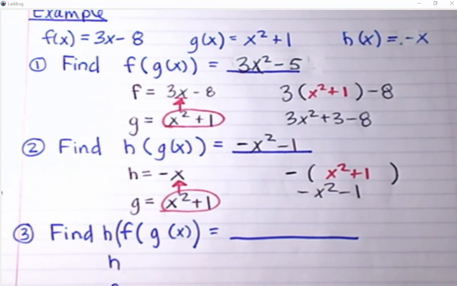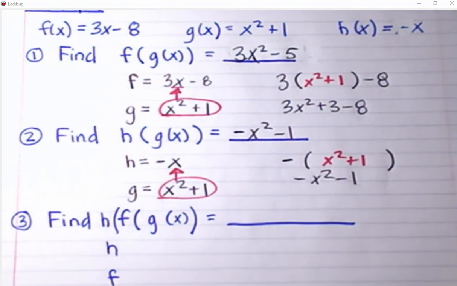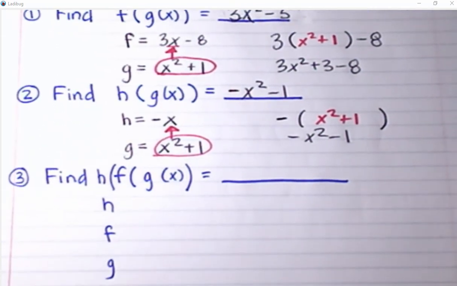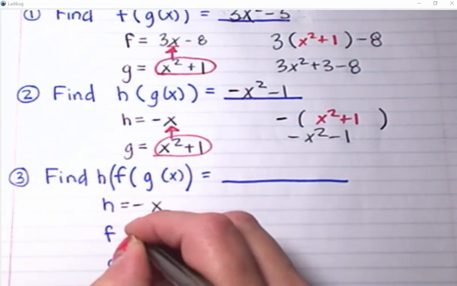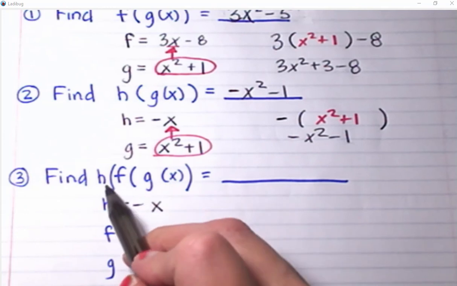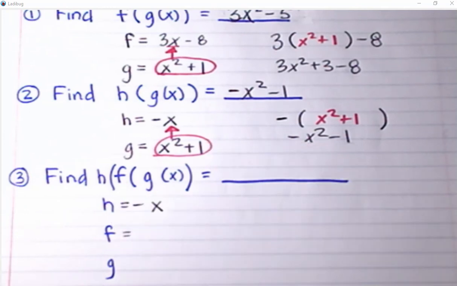h, f, g, right? I just have 3 letters. Do exactly what we just did. I just have 3 rows here. Okay. h is... Wait, don't you need another parentheses? No. Did I miss one? 1, 2, 3. Yeah, I did miss one. Oops, there you go.